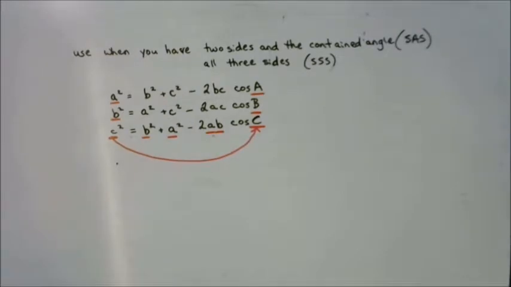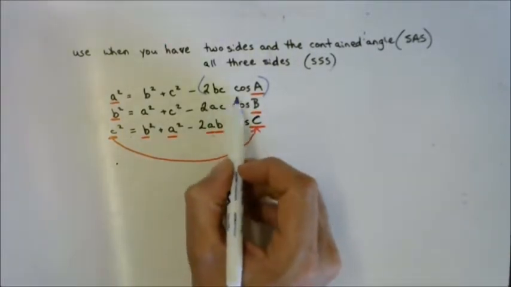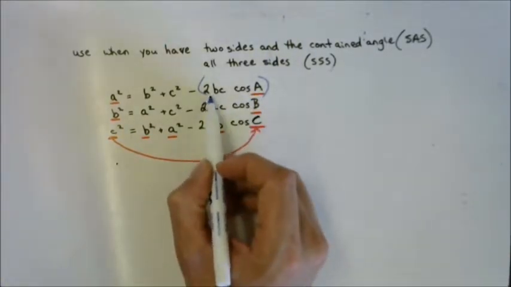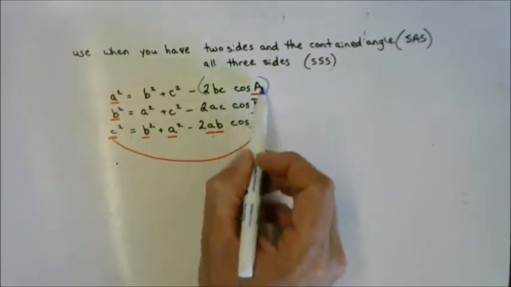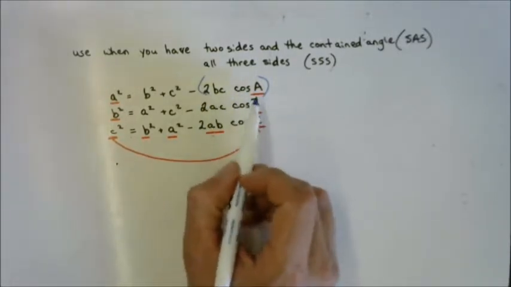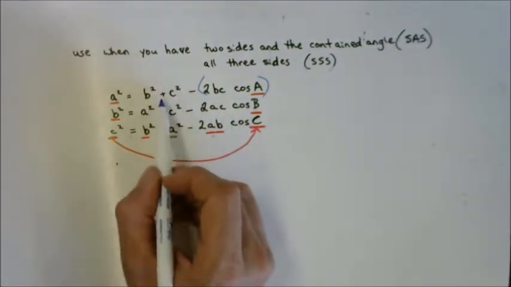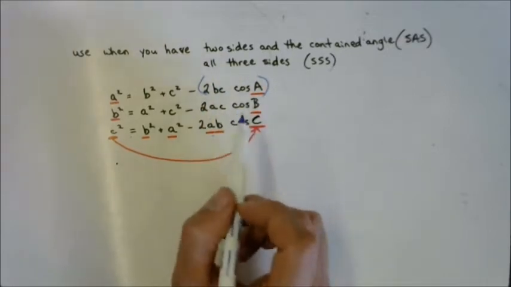Okay? The other thing to remember is that this whole piece is all multiplication. It's 2 times b times c times the cos of a. Okay, these are all just multiplication in between there. So you add up the square of b and c, and then you subtract this big chunk from it.